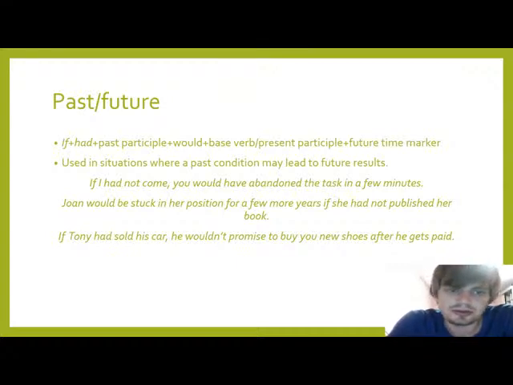Another example is Joan would be stuck in her position for a few more years if she had not published her book. So we have an aspiring writer, Joan, and she works a day job basically, and she's saving money.